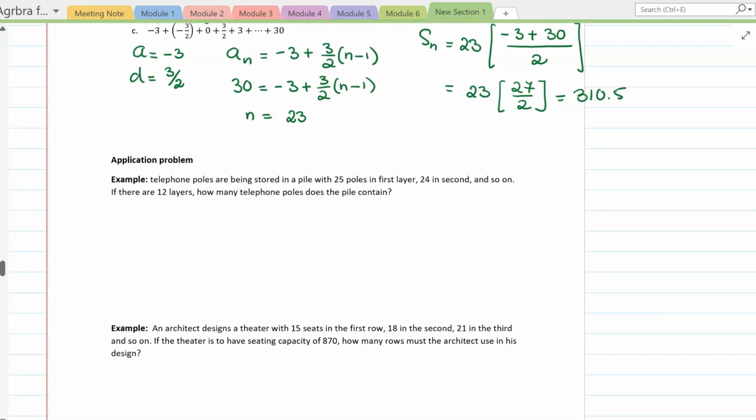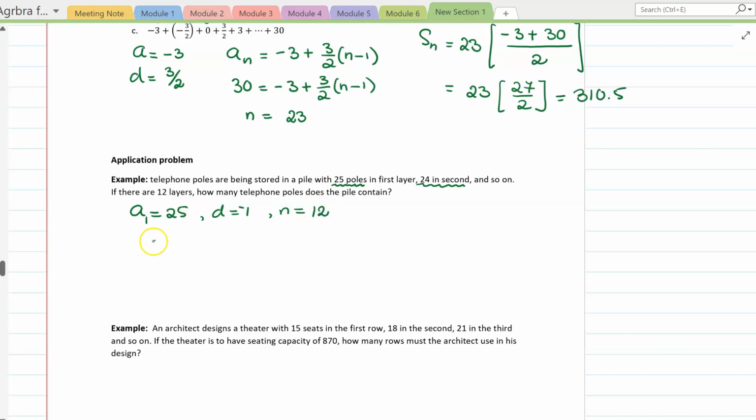Now let's take a look at an application problem. Telephone poles are being stored in a pile with 25 poles in the first layer, 24 in the second, and so on. If there are 12 layers, how many telephone poles does this pile contain? So we are given a sub 1 equal to 25, a sub 2 equal to 24. Well, this means that d is equal to -1, since each time you subtract 1. And there are 12 layers, so n equal 12.